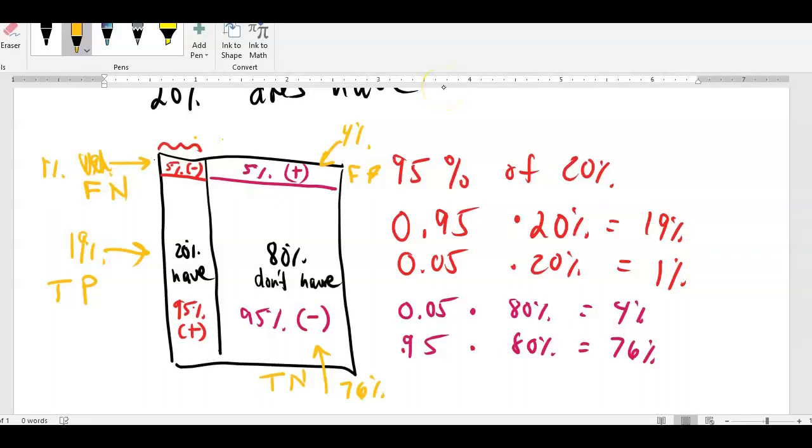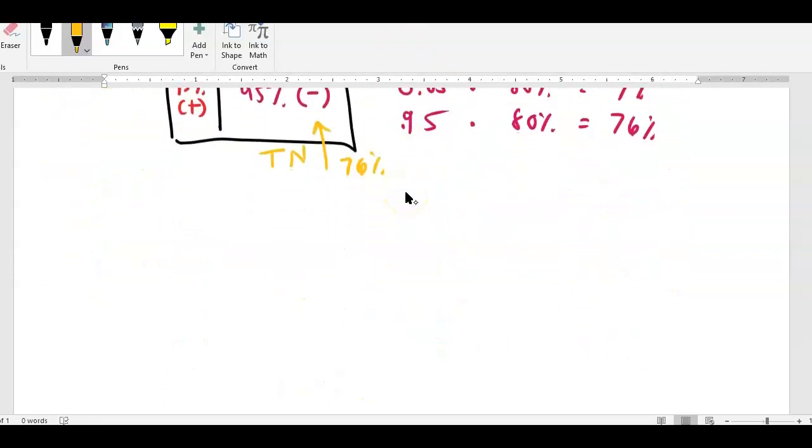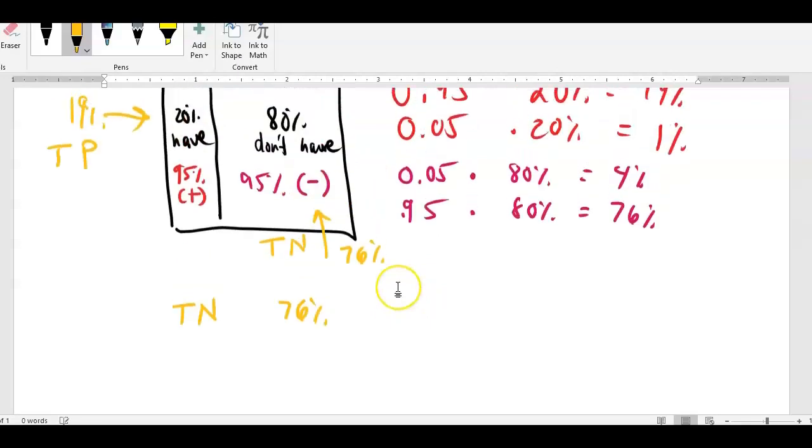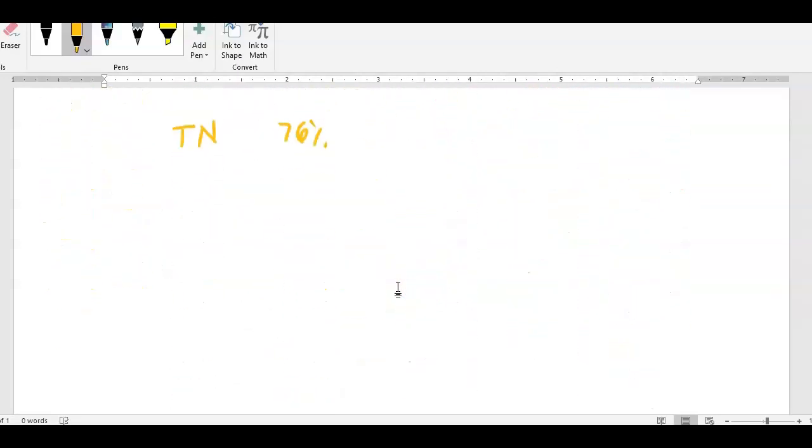So let's break it down over here, because in this assignment you were to write it up in a chart. I forget the order exactly I had it, so I'll just go in order here. The true negative: you don't have it and the test says you don't have it 76% of the time. A false positive: you don't have it but you test positive 4% of the time.